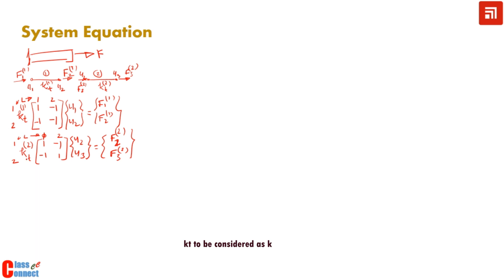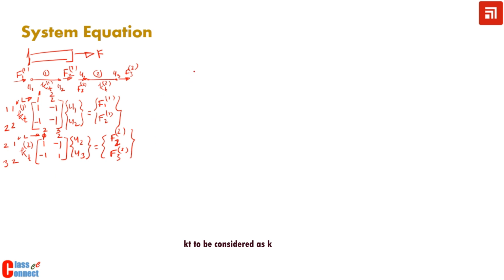So this is node number 1 global, node number 2 global. For the second element, the first node is node number 2, and the second node of the second element is node number 3. That is how we have marked the global and local node numbering.